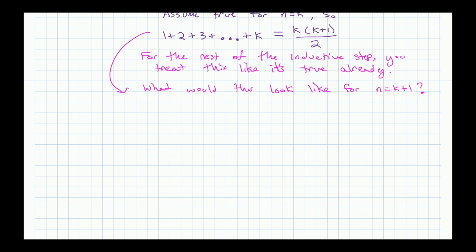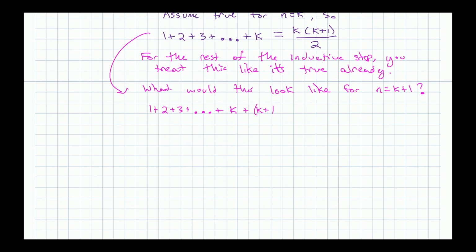Well, it would be basically the same as what you have there. But when you write out the numbers, 1, 2, 3, you keep going. And where would you stop? Well, you wouldn't stop at k. If n was k plus 1, you would have to go one more out on the right. You'd have to add one number to the end.